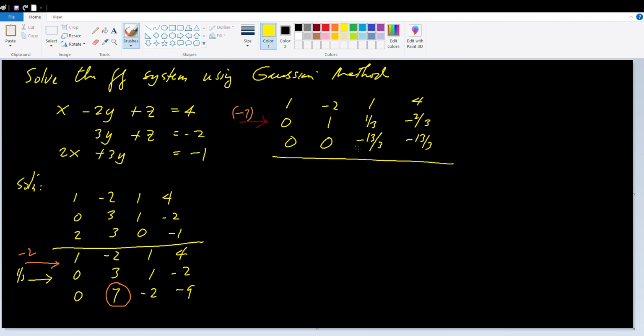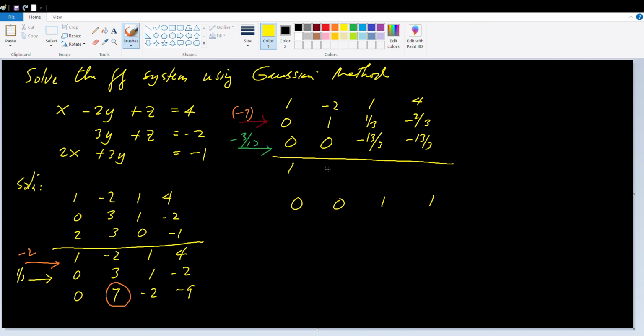So next, for the third row, we multiply this by negative 3 over 13, negative 3 over 13, in order to turn it into a 1. No? So 0, 0, 1. And then this is also equal to 1.